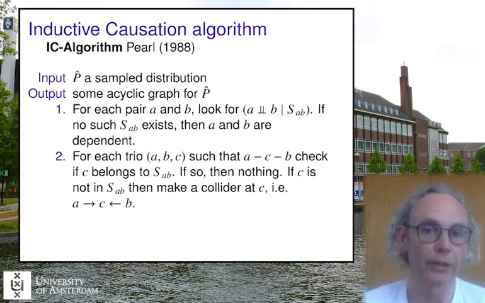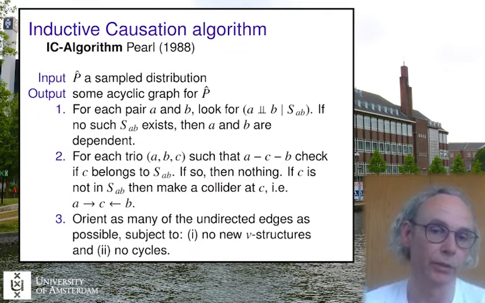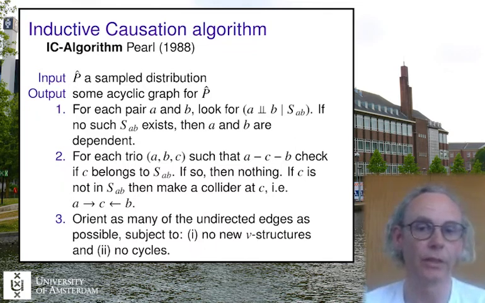And if we've done this for all triplets of variables, then we can orient as many of the undirected edges as possible. But we have to be careful not to make new V structures or collider structures, and we cannot include any new cycles. Because if we do that, then we must have missed something. If we introduce new V structures or collider structures, we must have missed it in our first round, which is not possible because we've searched everything.